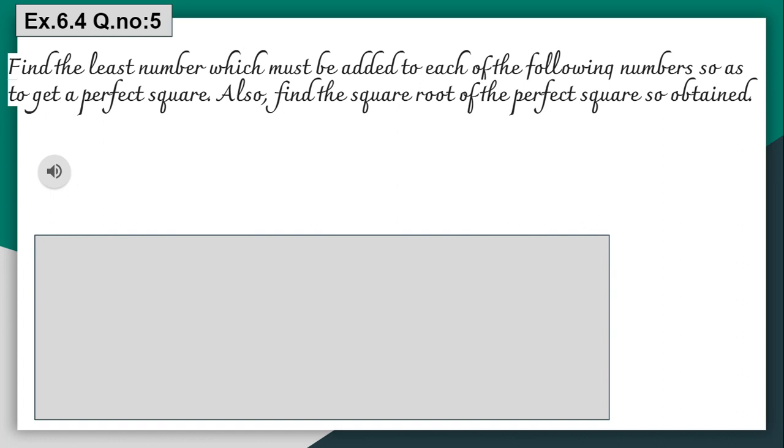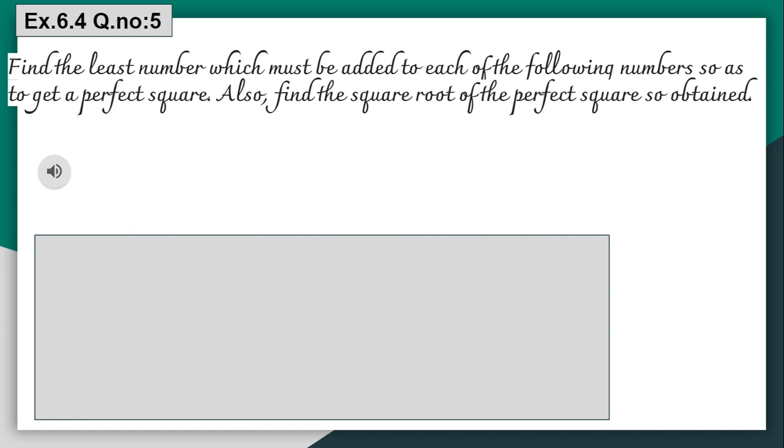Then we have to find the next perfect square number. Then take the difference of the next perfect square number and the given number. Whatever difference we are getting, we have to add to our given number. So that is the perfect square. Understood? Whatever may be the next perfect square of the quotient, that is our new perfect square number.